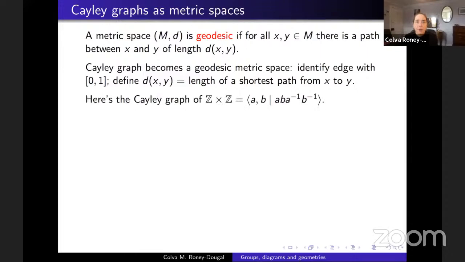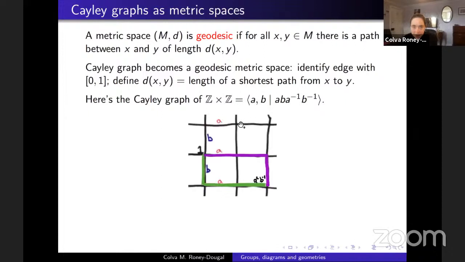So here's a bit of the Cayley graph of Z cross Z, which, if you don't know what that means, don't worry, is the one I was talking about before, a, b, a inverse, b inverse. So starting at 1, I can go out with an a, up with a b, back with an a inverse, and back with a b inverse. I've drawn in here 2 geodesics to the point a squared b inverse from 1.